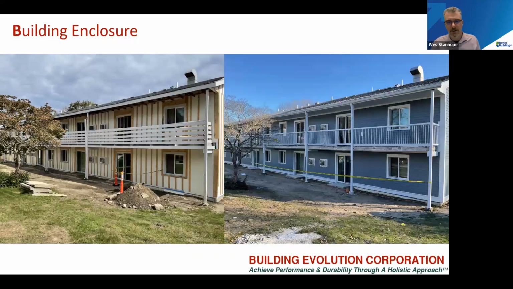Not all deep energy retrofits and/or electrification needs to go as far as the previous slides we saw. This is a simpler version where you're tackling the enclosure to bring down those loads to get to a future electrification project. This is one where the siding had to be replaced, so we put 4 inches of insulation on the exterior and then did the installation.